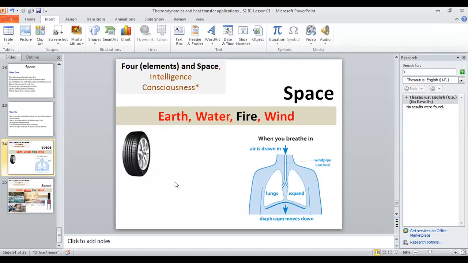Air is very light, but once you squeeze it into a limited space, this becomes solid. See, wind quality substance, air, turns into more earth quality.